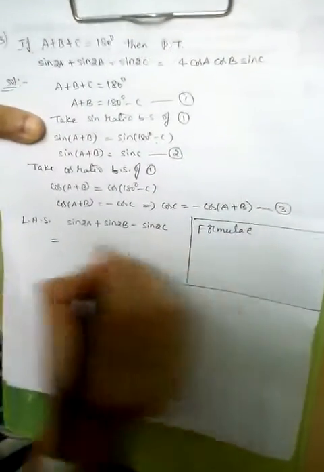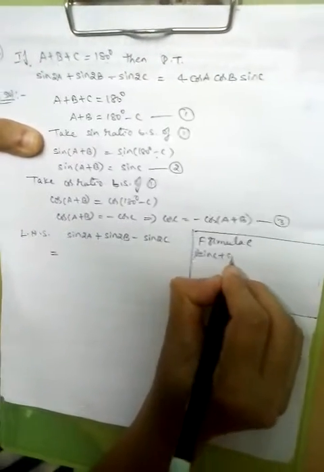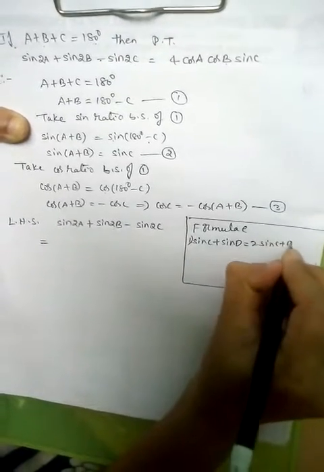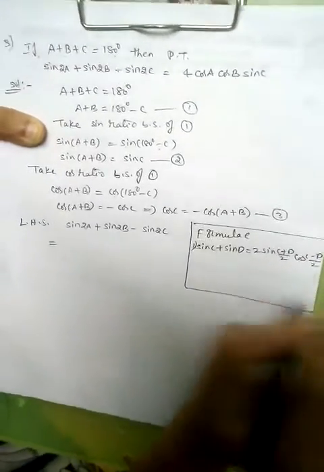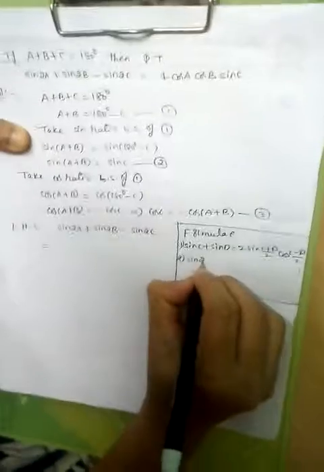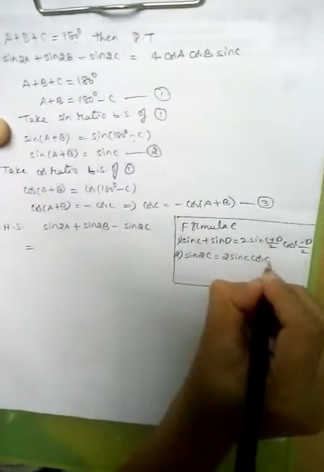Formulae, it is in the form of sin c plus sin d, which is equal to 2 sin (c plus d) by 2 cos (c minus d) by 2 is the formula. And the next formula we are going to take is sin 2c. Formula is 2 sin c cos c.